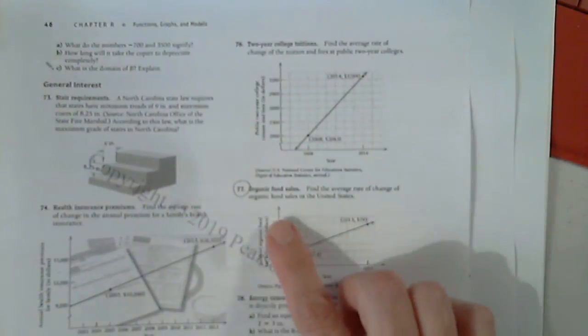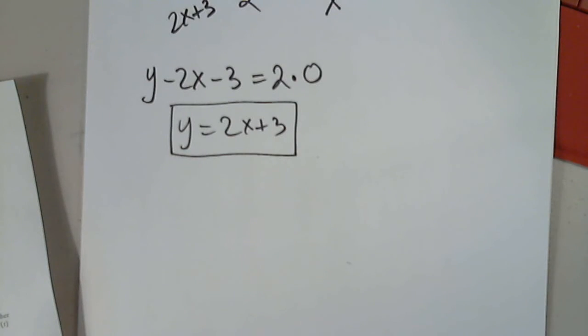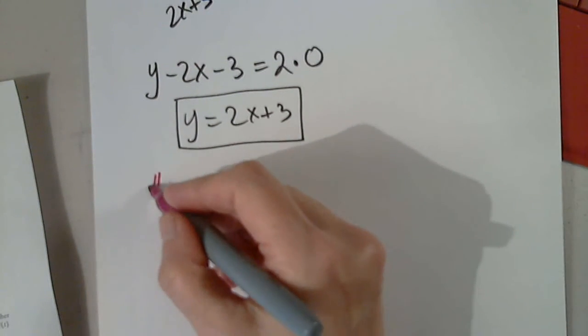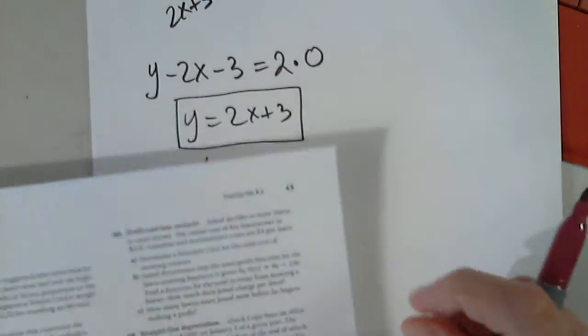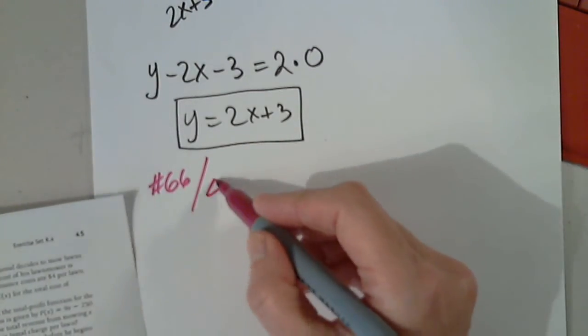And here's another potentially interesting problem for us, organic food sales. Are we okay with that? Everyone on board? Okay, I'm assuming someone is paying attention. So let's take a look at 66. If you'd like to move on to page 45, I forgot to say, sorry.